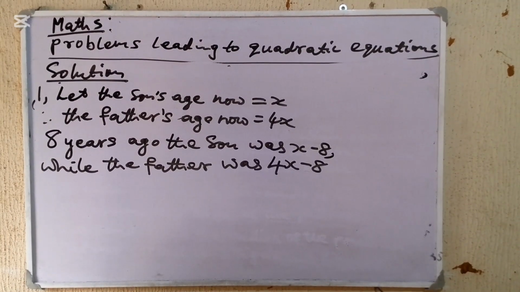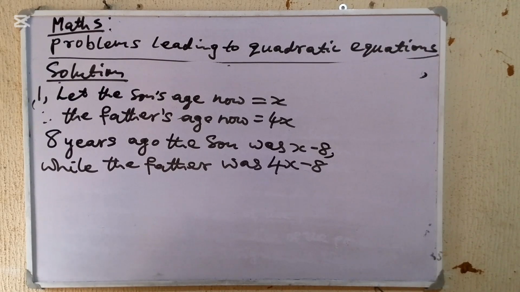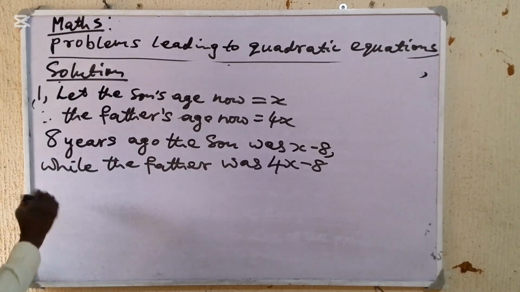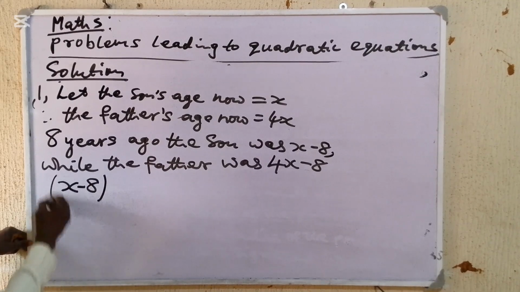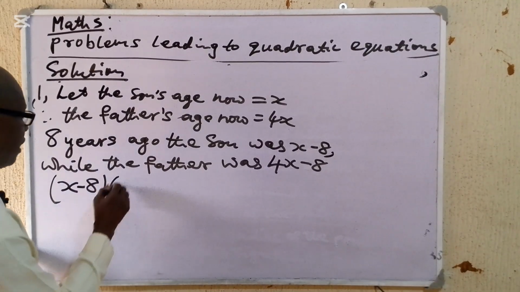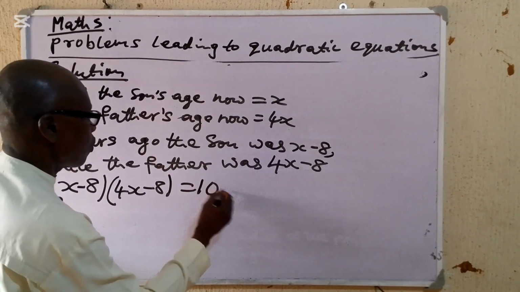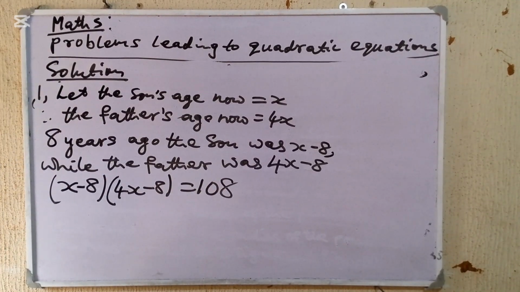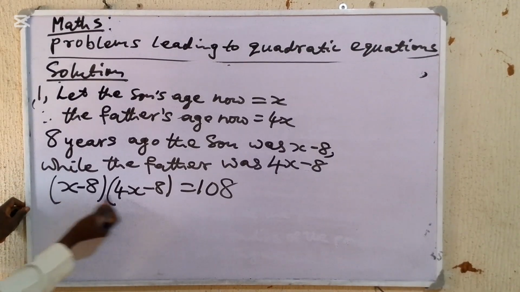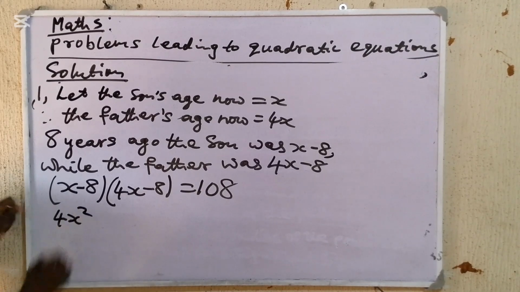But we are told that 8 years ago the product of their ages was 108. That means, bringing them together, x minus 8 multiplied by 4x minus 8 will give us 108. And then, in order to expand, we have x times 4x will give us 4x squared.